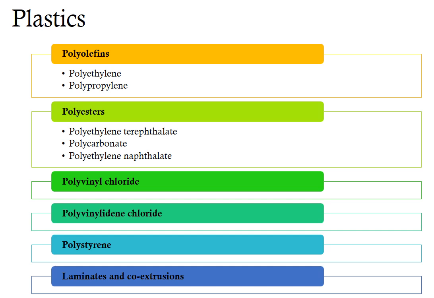The main categories are polyolefins, which include polyethylene and polypropylene, polyesters, which include polyethylene terephthalate, polycarbonate, and polyethylene naphthalate. Then we have polyvinyl chloride, polyvinylidene chloride, polystyrene or styrofoam, and last are laminates and co-extrusions.